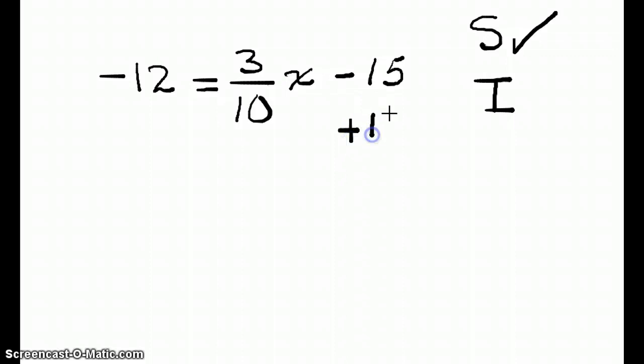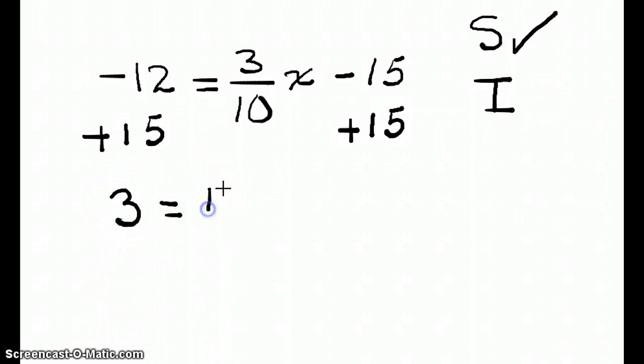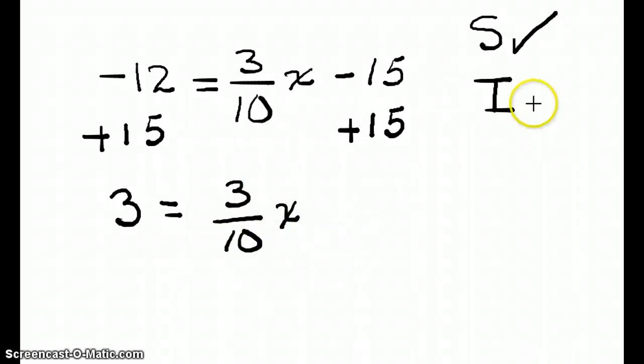So I'm going to add the opposite. -12 plus 15 is 3 equals, whoops, 3/10 x. Why don't you pause right here and see if you can solve this.